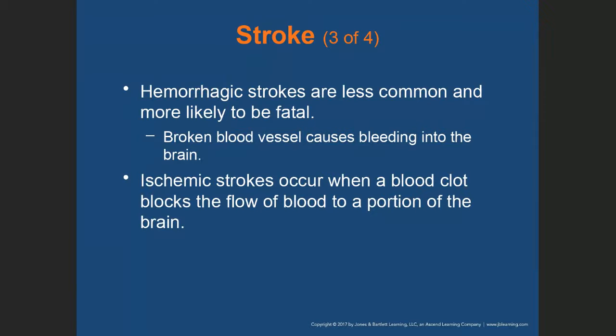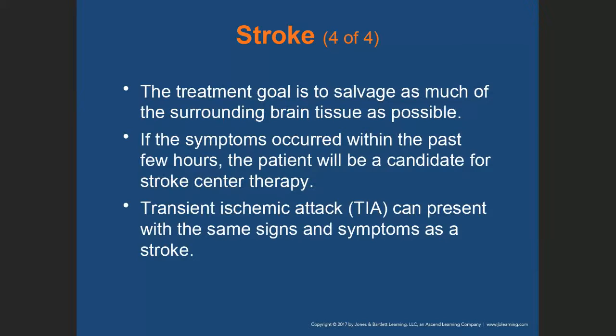Hemorrhagic strokes are less common and more likely to be fatal. A broken blood vessel causes bleeding into the brain. Ischemic stroke occurs when a blood clot blocks the flow of blood to a portion of the brain. The treatment goal is to salvage as much of the surrounding brain tissue as possible, so time is important.